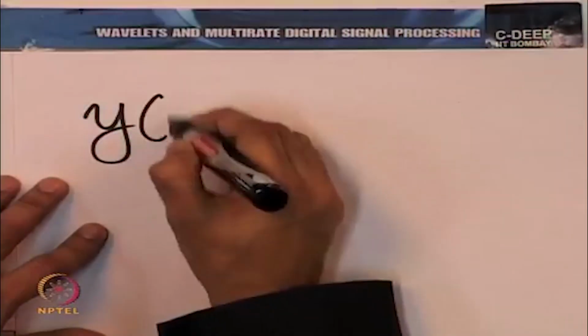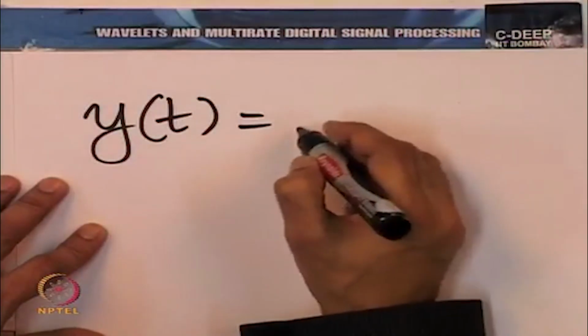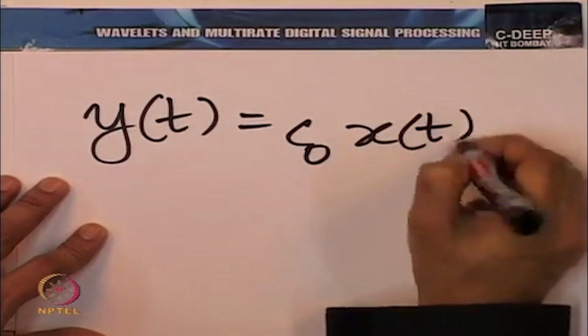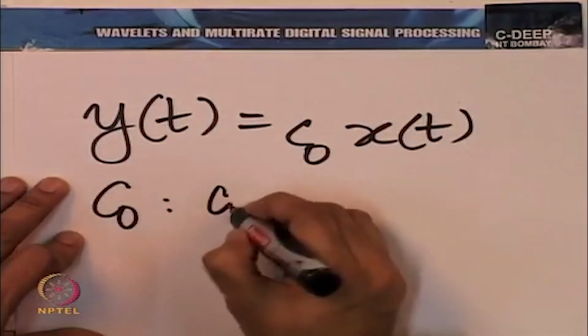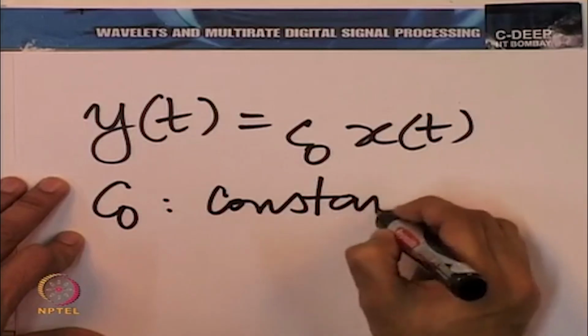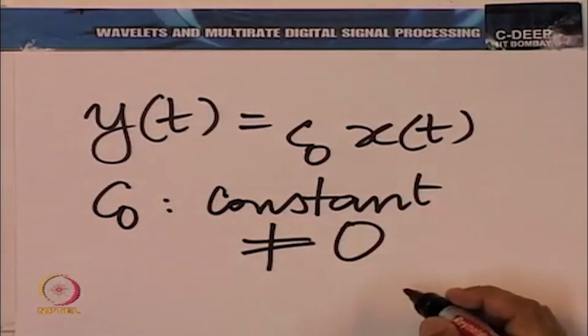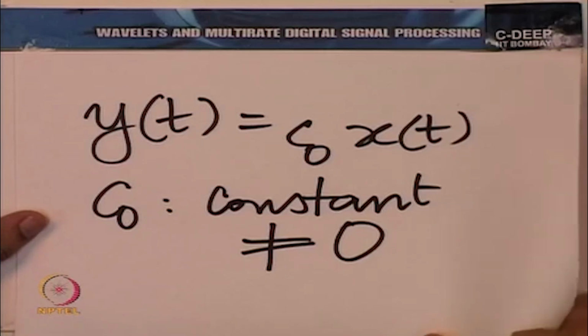If you multiply the function by a constant, we must answer that question first. So, again it is very easy to show that if y t is equal to some constant, let us say C 0 times x t, C 0 is a constant, of course unequal to 0, that is straightforward.